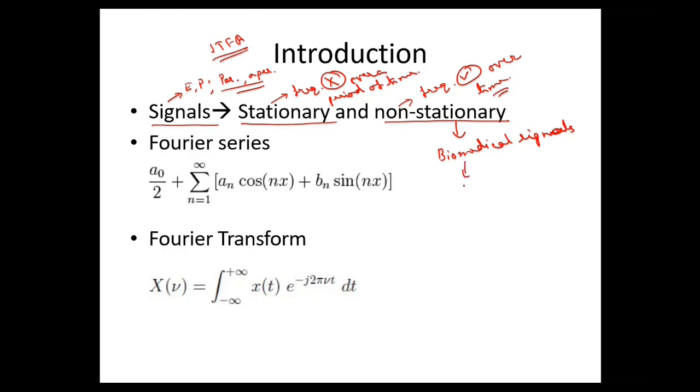We consider the ECG signal as one of the periodic signals, but even if you look into the ECG signals, when you are resting, and suppose from resting you start running, the pattern of the signal would change.